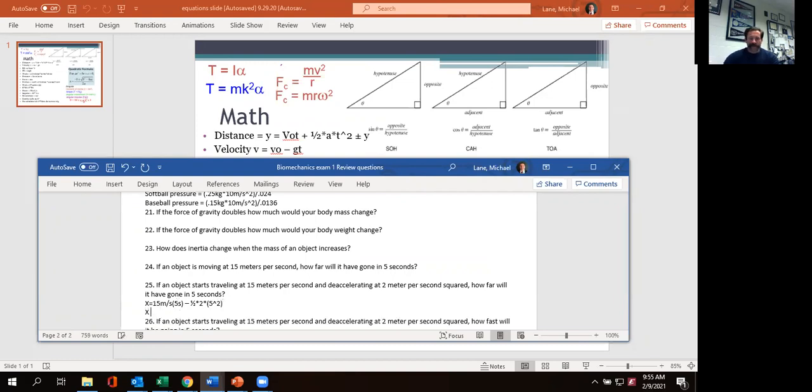So x equals 15 times 5, which is 75, and then 1/2 times 2, which is 1, times 25, so it's going to be minus 25. So we're going to be left with our total distance equals 50 meters.